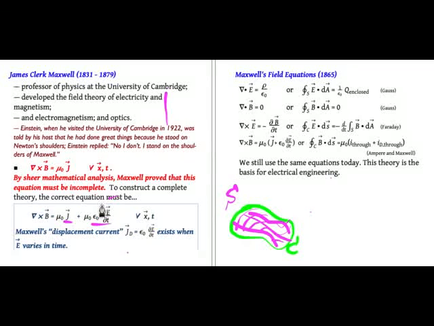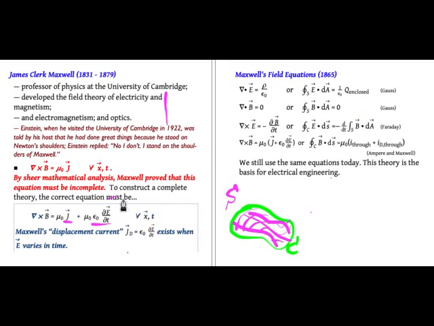So at the time that Maxwell published his theory, it was not universally accepted. It was pretty widely accepted in England and Scotland and Great Britain because Maxwell was one of theirs. But the French and the Germans and the Italians, they didn't really buy it at the time when Maxwell published it.